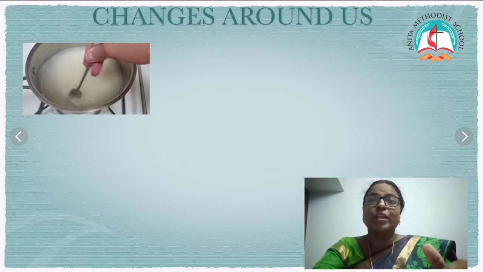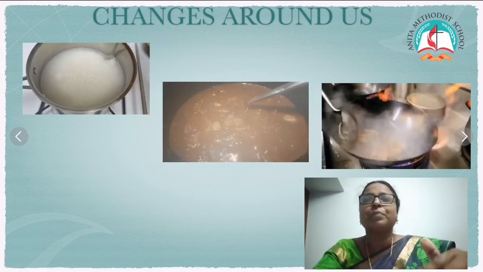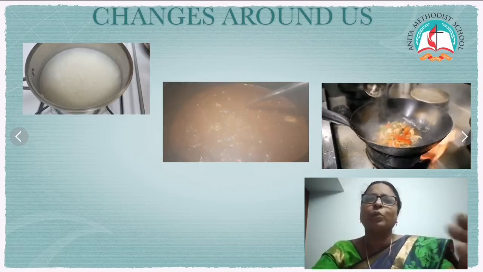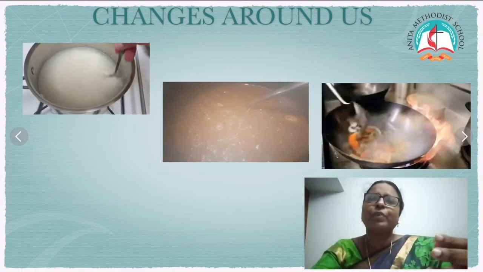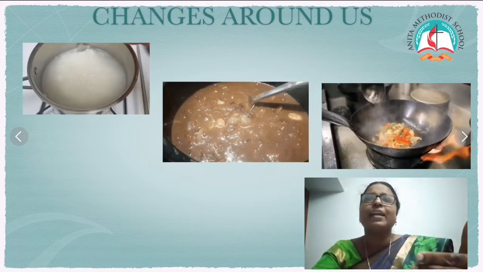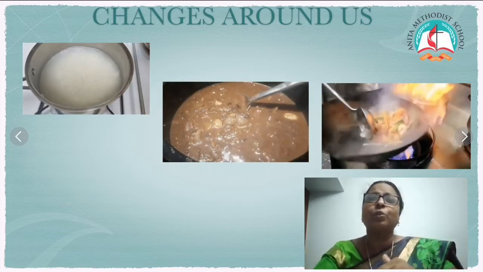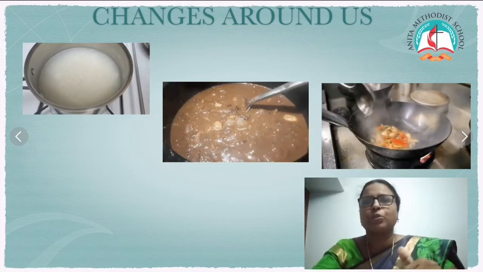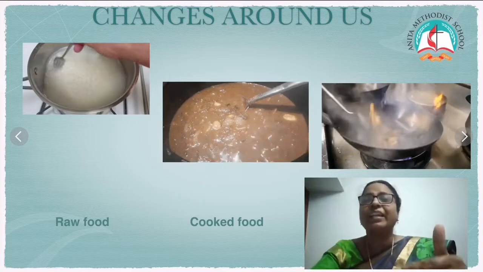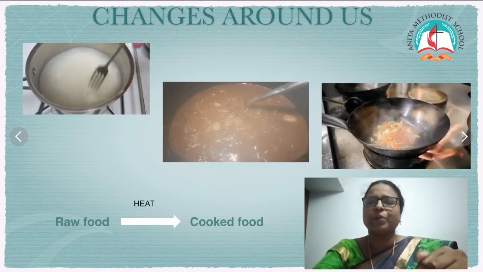She will boil rice, prepare the kolambu for you and prepare the vegetables and rasam by heating them over the stove. When the required amount of heat is supplied, a chemical reaction takes place and the raw food is converted into cooked food.